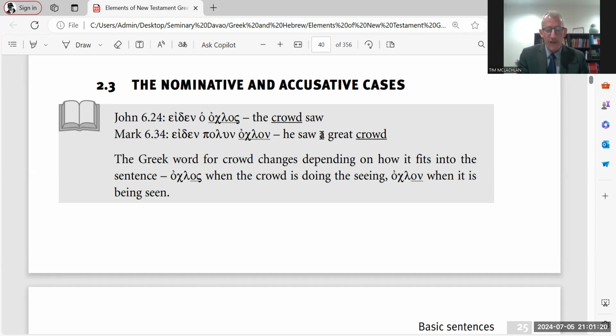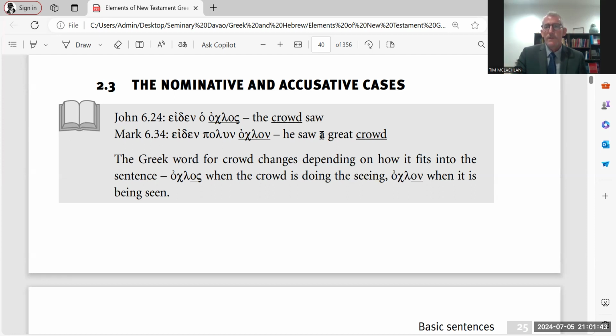The object of a transitive verb is placed in the accusative case, and transitive means it goes across. So, for example, you say blepo logon. Blepo means I see, and then logon finishes off with the omicron nu.